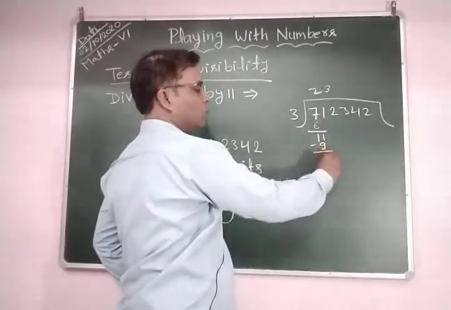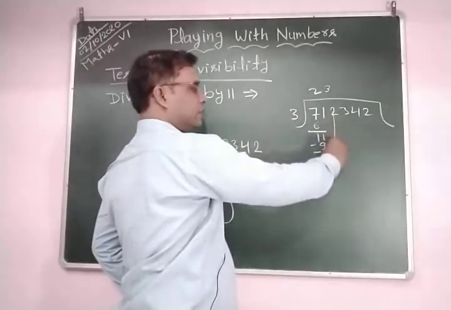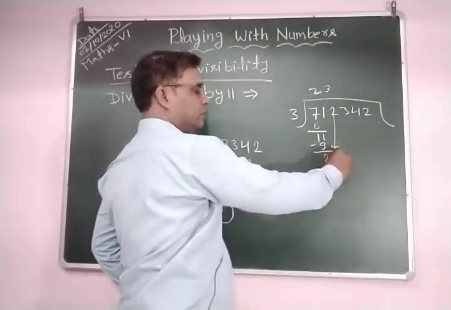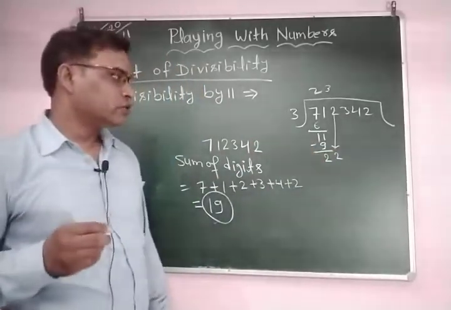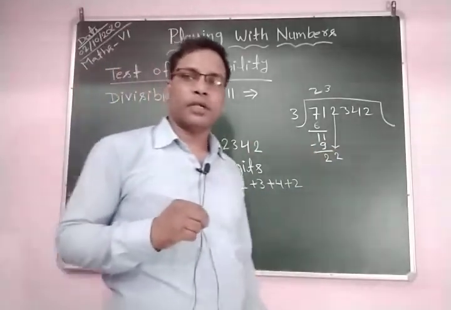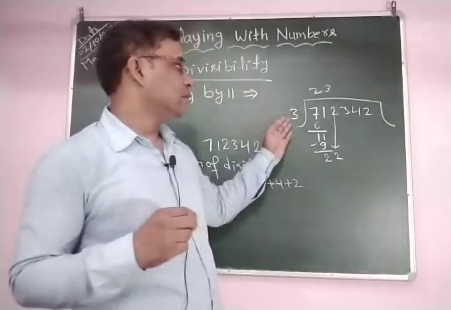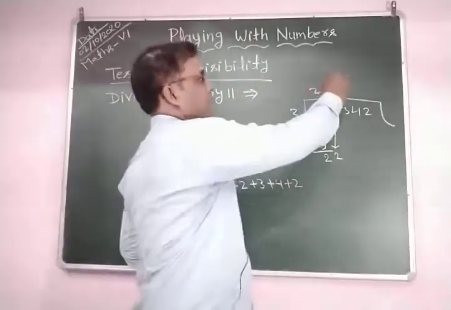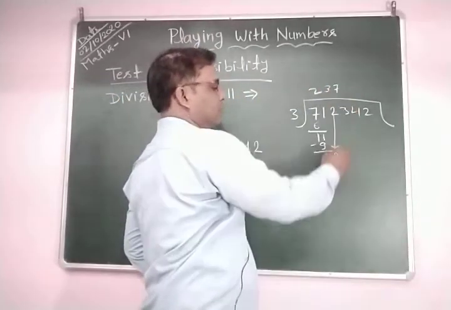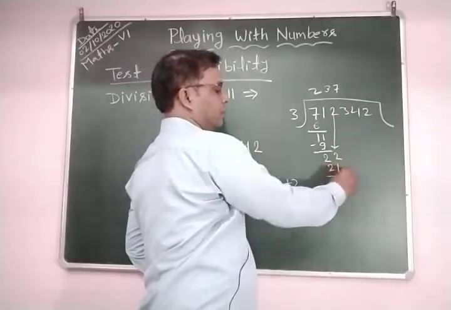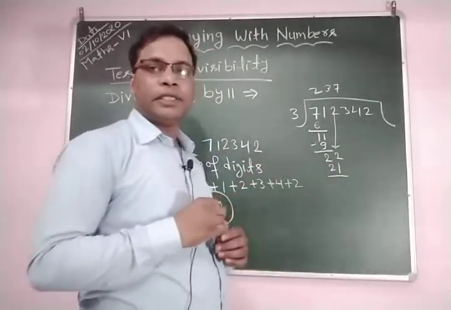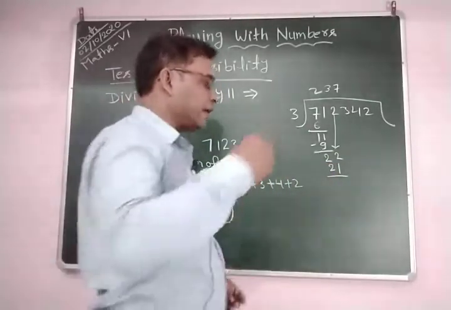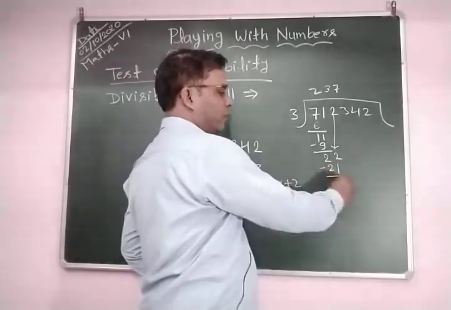Again we find here 2, and bring down this 2. So this becomes 22. 22 is our new dividend, and when divided by 3, we obtain 7 times. 7 threes are 21, and when we subtract them, we obtain here 1.